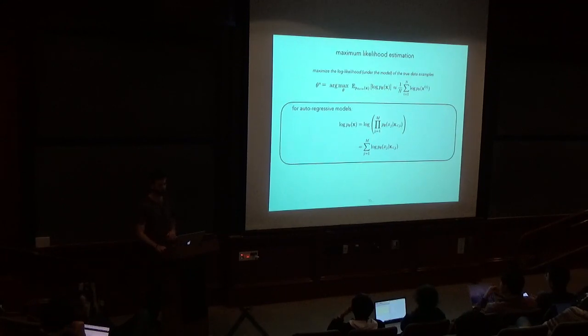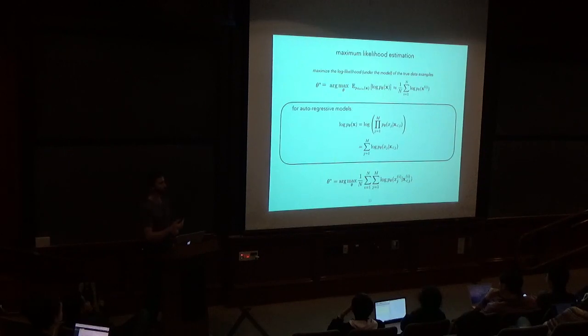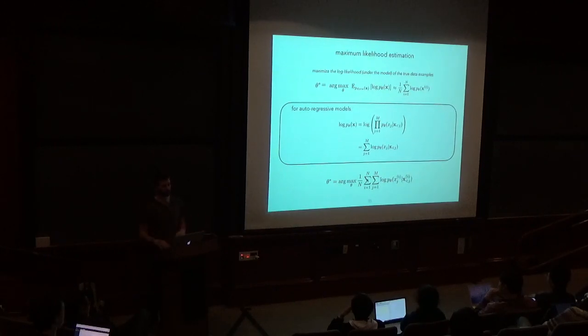So now we have this expression for the log probability of a data example, and we plug that into our entire expression for the maximum likelihood estimate. Now we have these sums over both data examples and over dimensions. What this actually means is that we're going to sample data examples from our data set, run our model on those examples, evaluating the probability of each dimension as we go through, and then sum the entire result up.